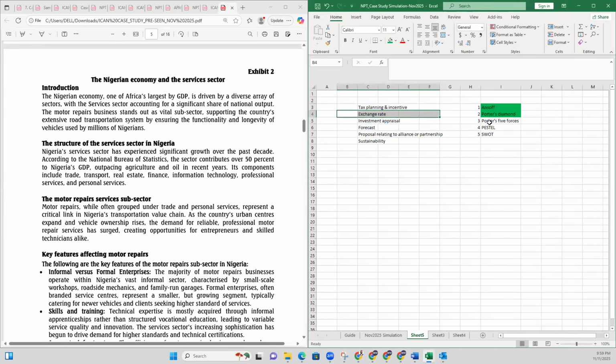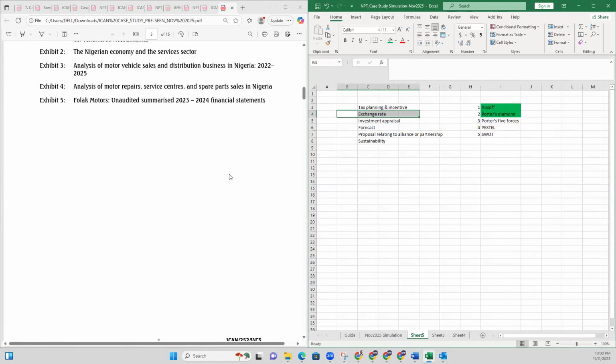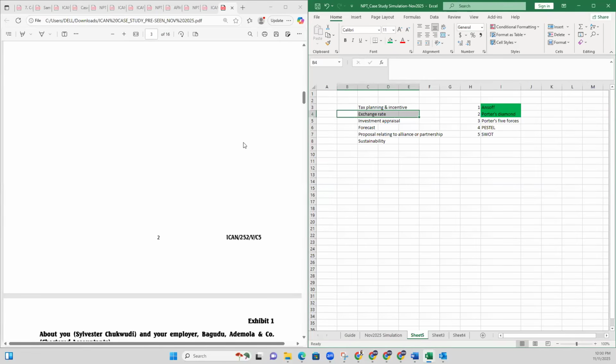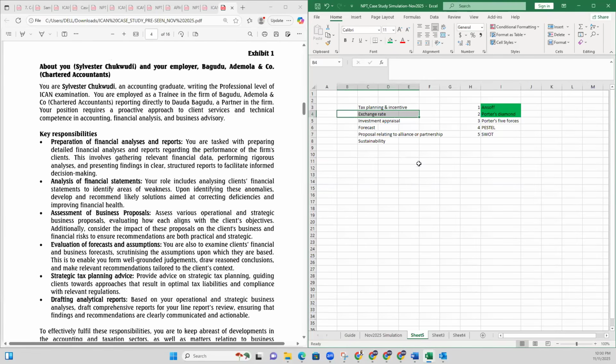If you find yourself doing even SWOT PESTEL, exchange rate will be a big discussion. So when it comes to the other specific requirements, you might not have any specific thing to do with exchange rate. So things like exchange rate, I'll probably move it down, down, down, or probably delete it.